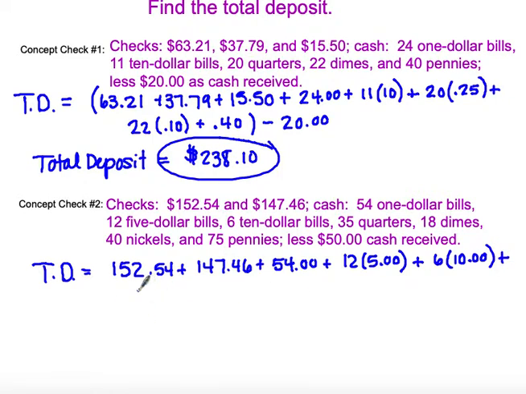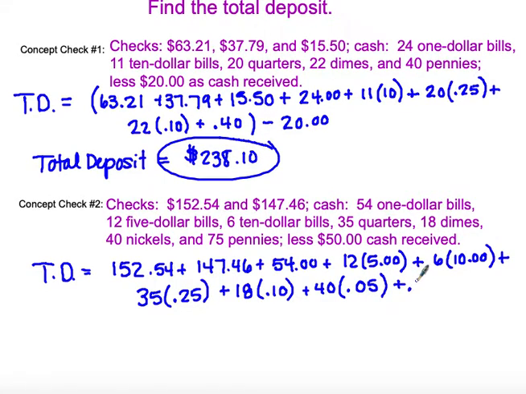In addition to that, we have 35 quarters, so that's 35 times 0.25, 18 dimes, 40 nickels. Be careful here, don't forget your zero. Nickels are only 5 cents, and 75 pennies, so that would be 0.75.